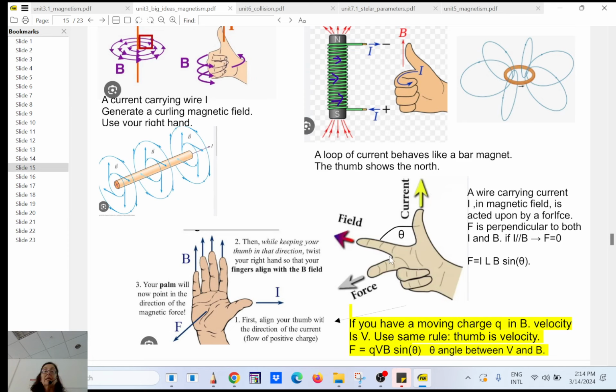That will be the field, and that will be the force. Okay, so if you have a positive charge moving in this direction, and you have a magnetic field going in this direction, it will be deflected.